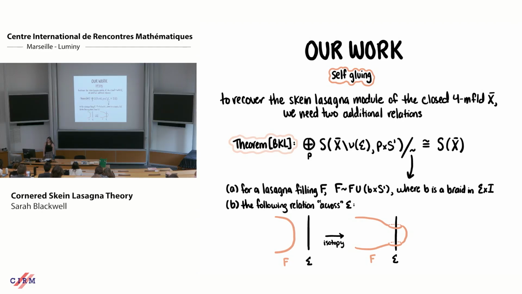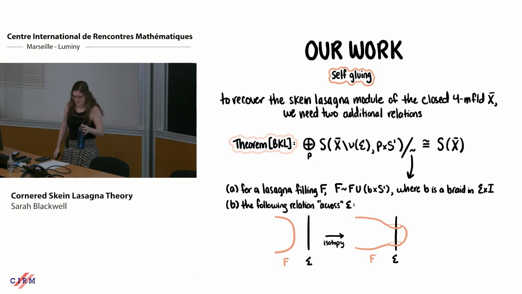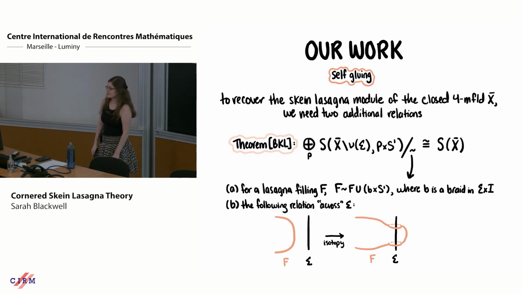This is kind of a bad picture, but basically you could have your filling away from your surface, and then you could make your filling intersect your central surface, and so you need to allow for that possibility. And so you need a relation to take care of that. Sorry, I'm losing my voice. So once you mod out by those 2 things, then I finally constructed the Skein Lasagna module of my closed thing.